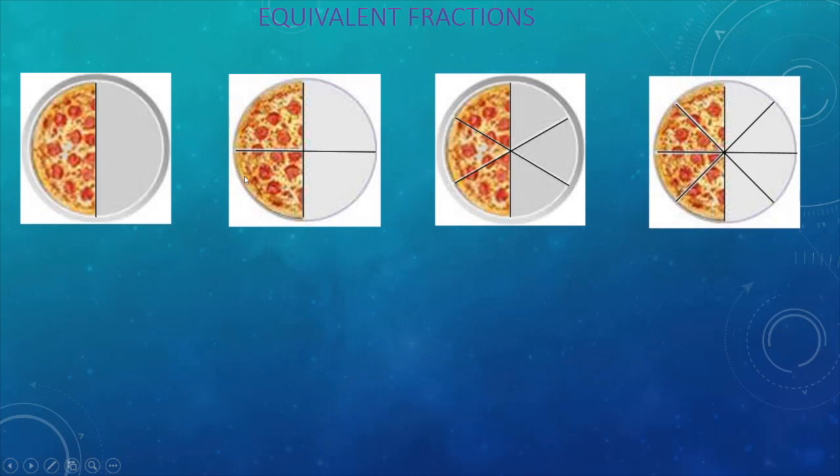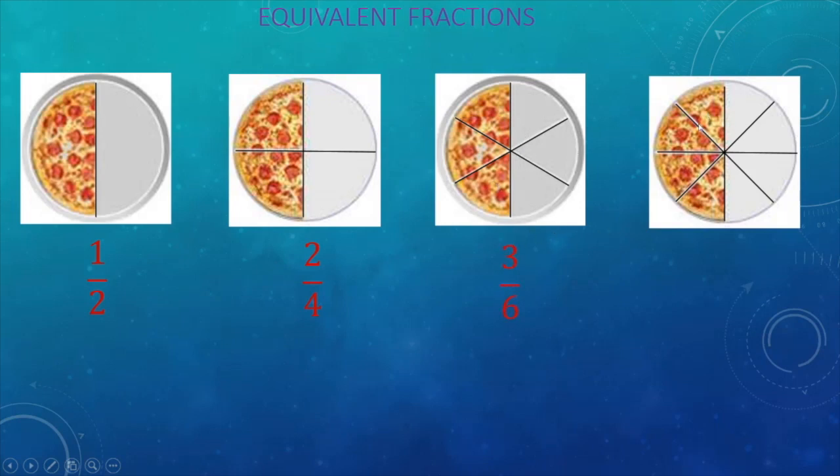And if we want to write the fractions of these pizzas, we will have different fractions. First pizza is 1 out of 2 slices. Second pizza has 2 out of a total of 4 slices. Third pizza has 3 out of 6.